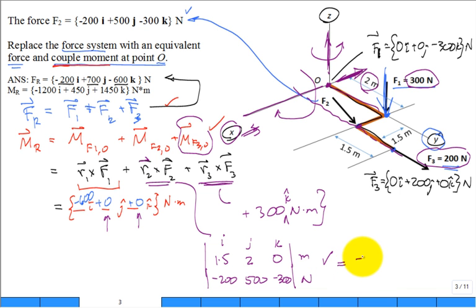Negative 600 I plus 450 J plus 50K. I ran out of space. And the units are Newton meter. All right. Thumbs up. Other people that ran it look good. Thank you very much.